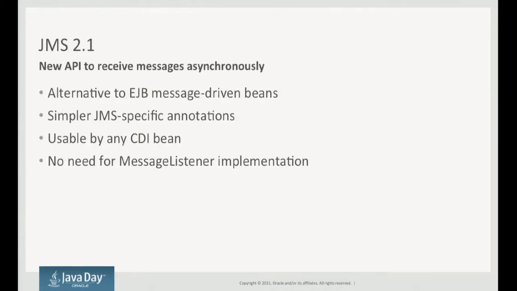What we'd like to do in JMS 2.1 is to provide an alternative to these message-driven beans that lets JMS messages be delivered asynchronously to other managed bean types, for example, CDI managed beans, in a more general way and in a simpler way, without the need for message listener implementation, for example.